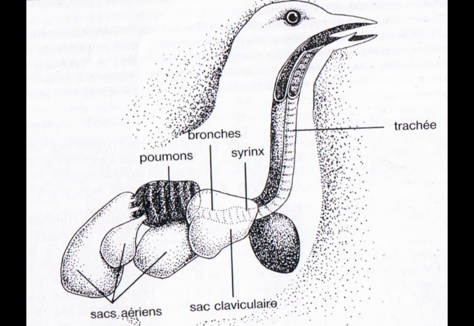So it's more like a growly, rumbly sound, almost like thunder. Right. It's not until you start getting more into songbird territory that we get the many, many different sounds that you hear and we associate with birds. And that's all thanks to that syrinx.